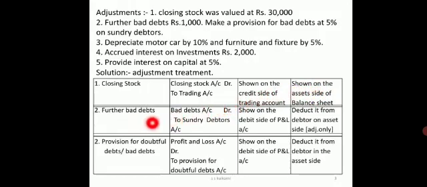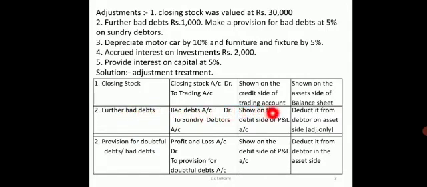Now coming to further bad debts or bad debts. Now bad debts are given twice. Once it is appearing in the trial balance, and additional bad debts are given in adjustments. So whatever is given in adjustments only has to appear twice.